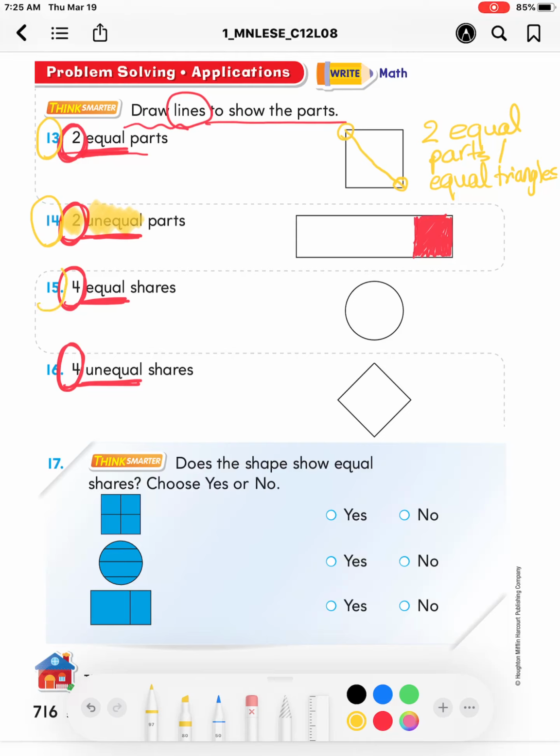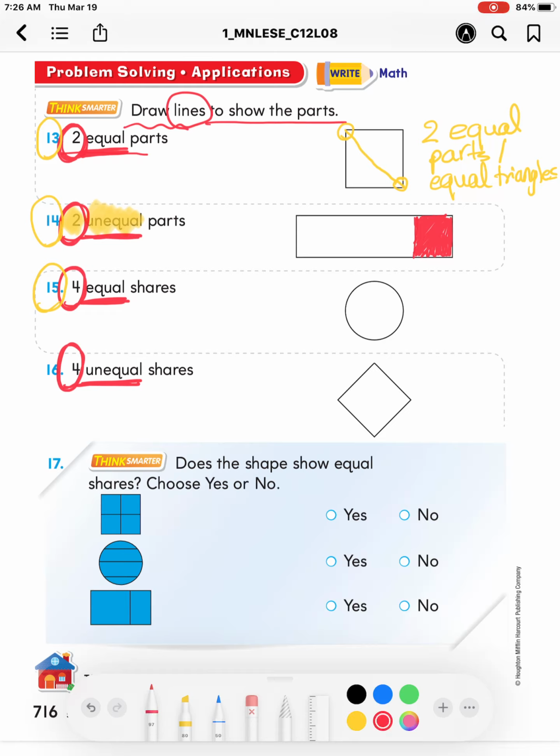Now, question number 15. 4 equal shares. We want to split the circle into 4 equal shares. Let's imagine that this is a pizza you are eating, or your mom prepared it for you, and you want to cut it into 4 equal shares in order to give each member of your family.